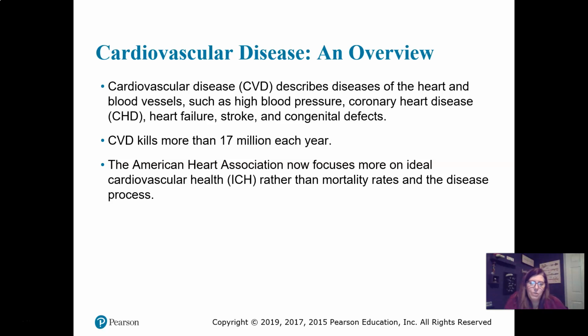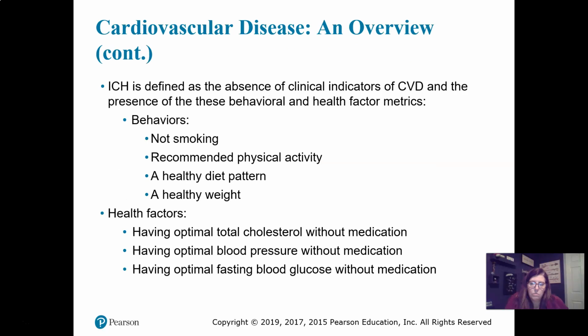The American Heart Association focuses on ideal cardiovascular health, ICH, rather than the mortality rates and the disease process. ICH is the absence of clinical indicators of CVD and the presence of 7 behavioral and health factor metrics.